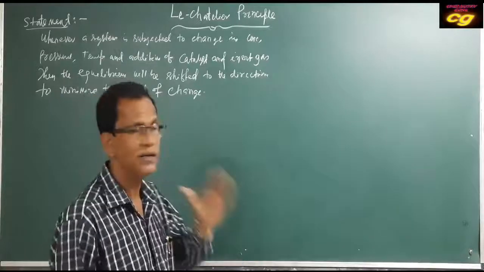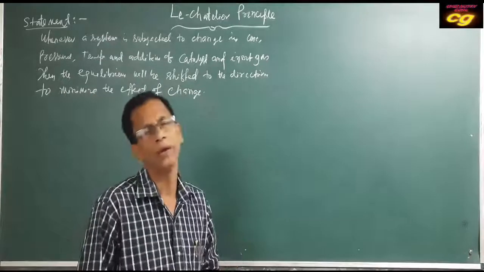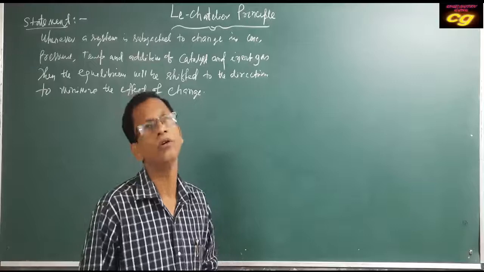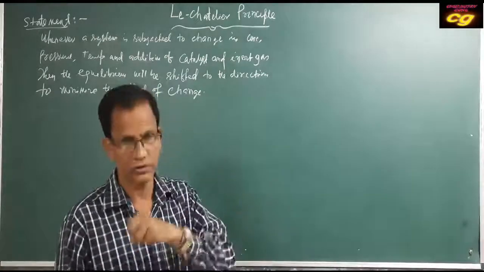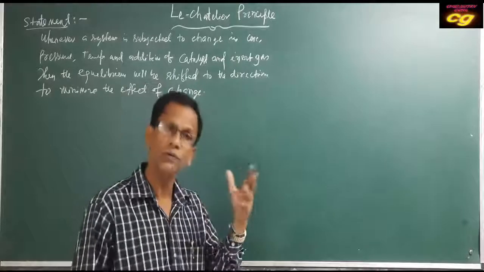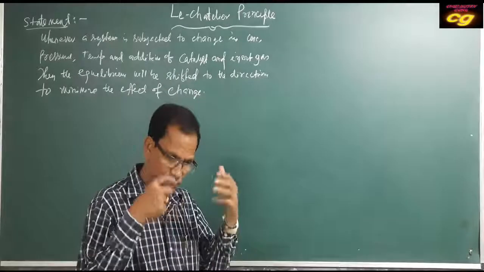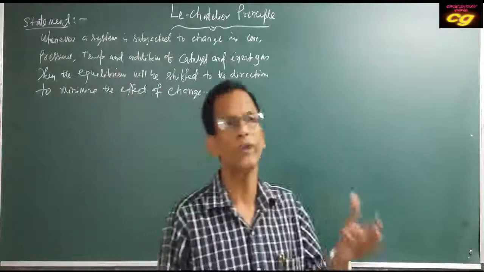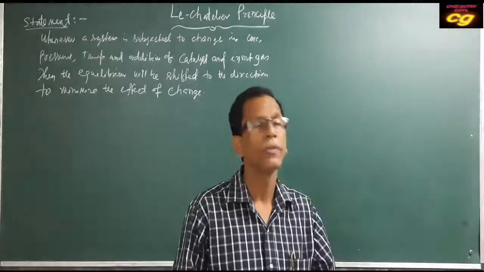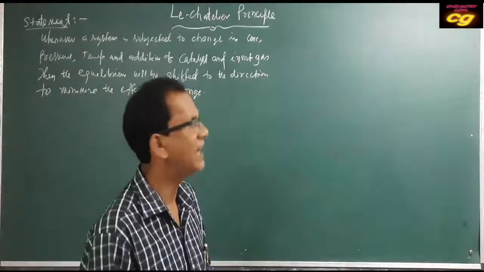This principle is mainly responsible for how you can bring a change in the direction of equilibrium, how you can get more product or more reactant by changing the concentration, temperature, pressure, or by adding a catalyst.